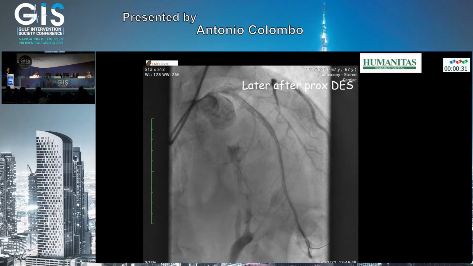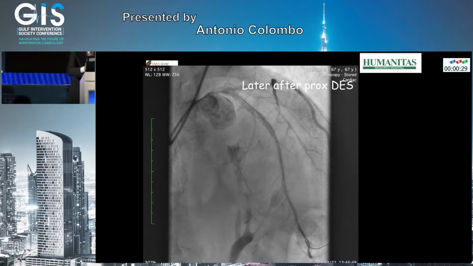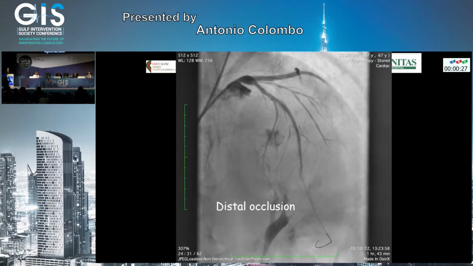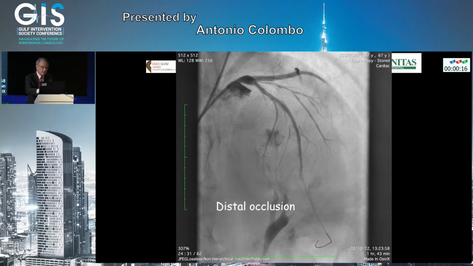One, because there is still a residual big gradient, as I said, 0.82. As a matter of fact, the confirmation that this is not a benign dissection and 0.82 is not acceptable is that a few minutes later you have a distal occlusion. So here you have a distal occlusion.